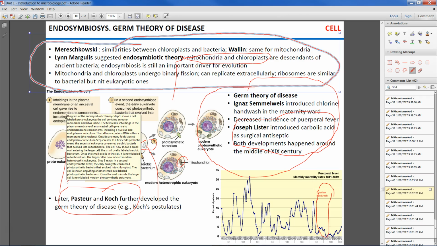What is the advantage for the chloroplast or mitochondria? Well, it's good for them to be a part of the larger cell. Why? You have a little tiny guy, and you get internalized by a big guy. Protection. And also food.